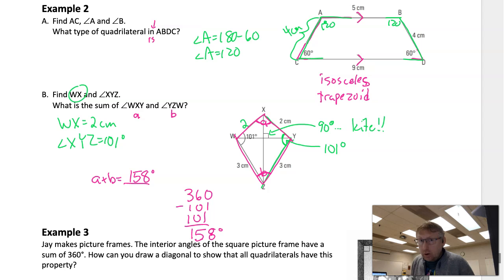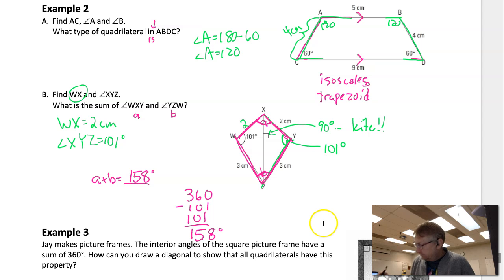But at the moment, all we know is that they're not the same as each other. If this is 2 and 2, this is a much wider angle because this is 3 and 3, and that should make it much more pointy. So A and B aren't the same as each other, but together the two of them should make up the rest of the 158 degrees, because then this one plus the 101s would make 360.